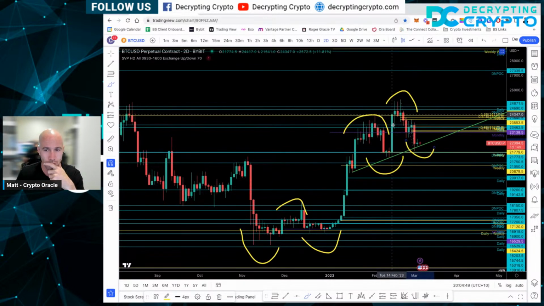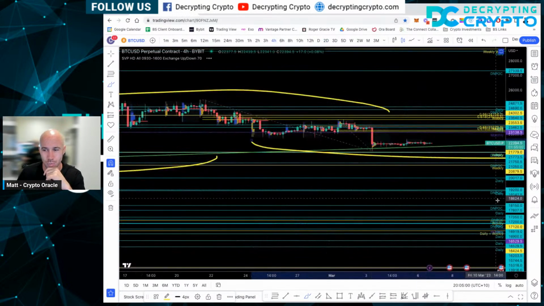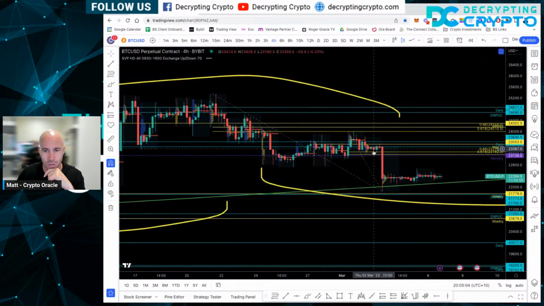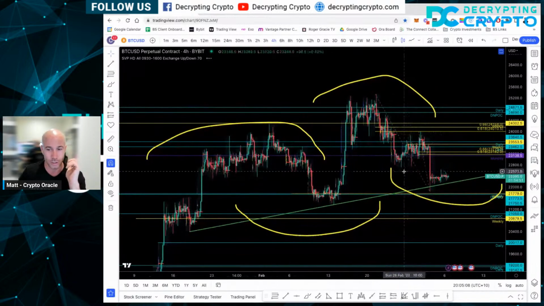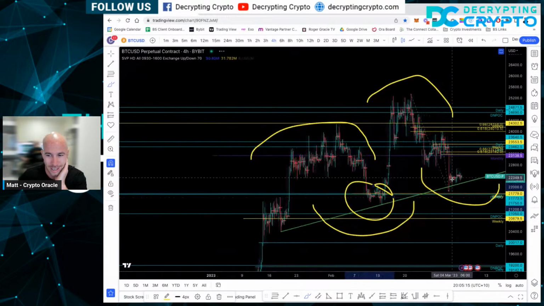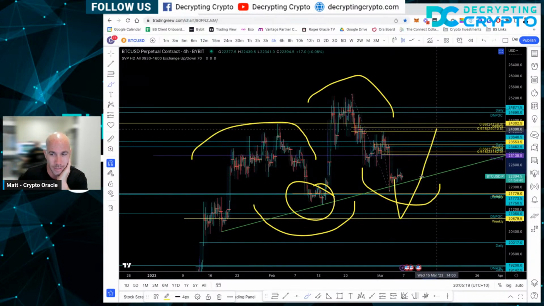On the shorter time frame, as I just pointed out, we're in a bearish market condition. We've just printed a few lows, lower high, lower low. But in the macro, we're still looking good as long as we stay above these lows right here. If we stay above these lows, that's good. But if we break below that, then we're going to have a bearish market structure from the macro standpoint.